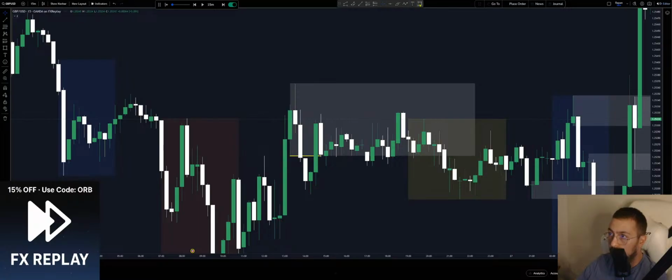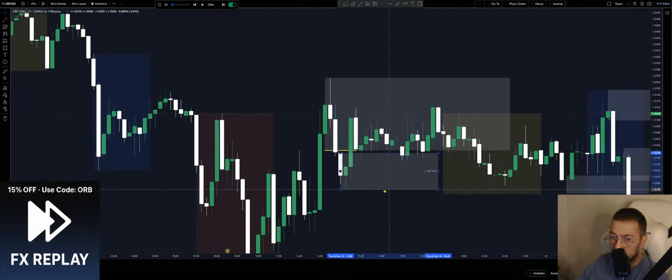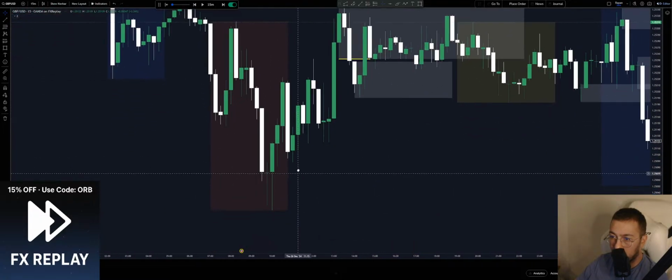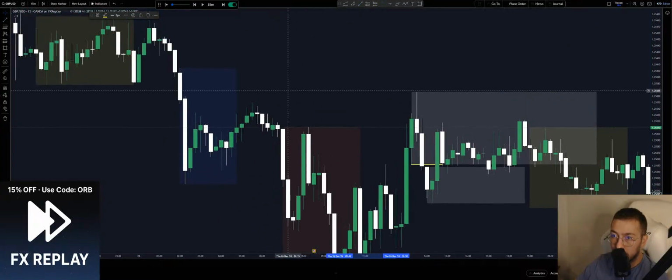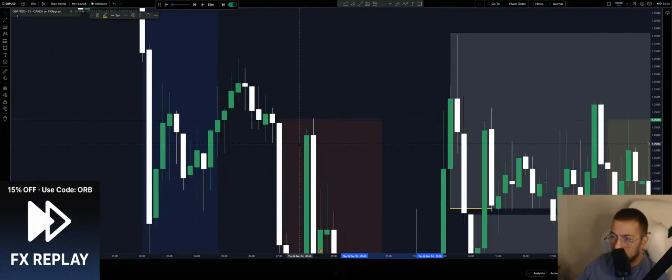Sorry, this is a valid demand zone. That's not valid because the price did not intersect. This is not valid. Oh, actually, is it? No, it's not because the price did not intersect with this fair value gap. The wick interrupted it from being intercepted.